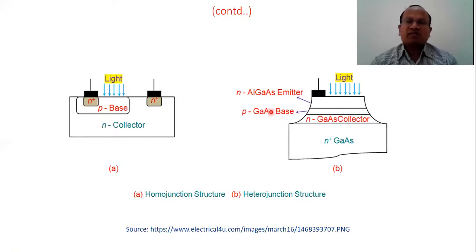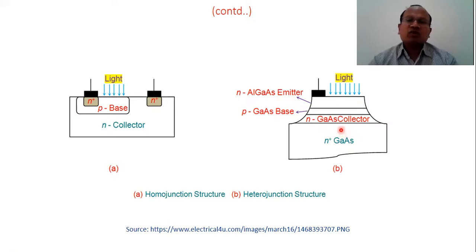You see here the base is gallium arsenide, the emitter is aluminum gallium arsenide, and the collector is gallium arsenide. And there is one more substrate here, that is N plus, because this is the construction for NPN. So you can see that N is aluminum gallium arsenide, P is ordinary gallium arsenide, and again N plus, that's the collector region.